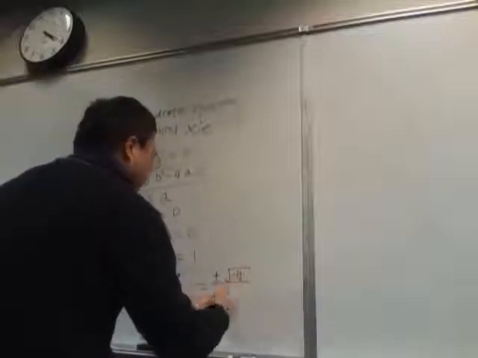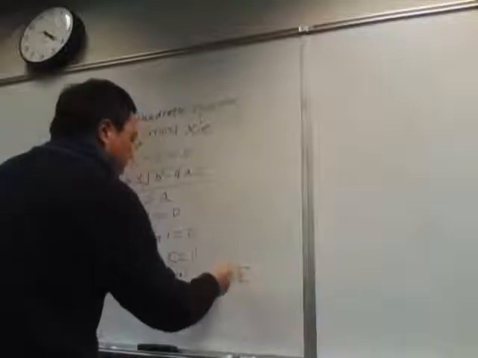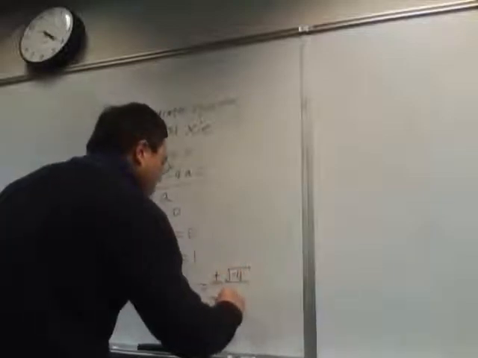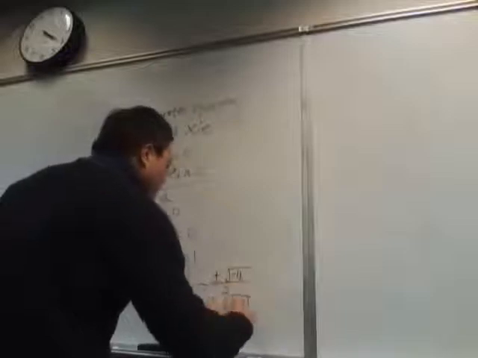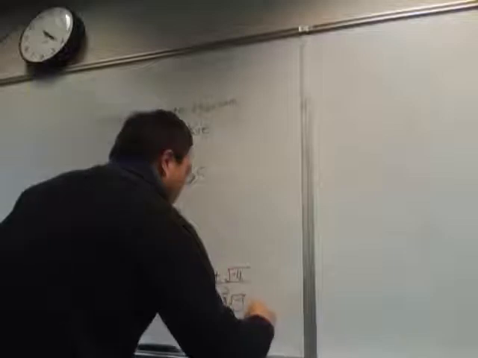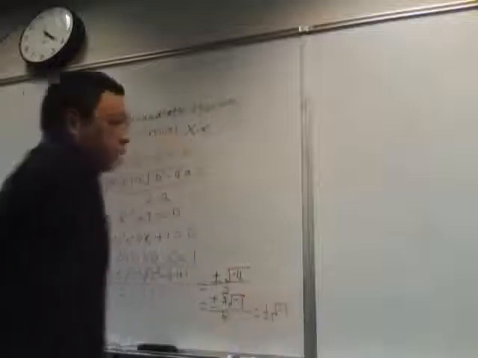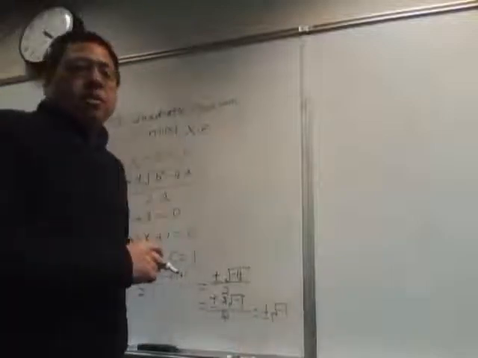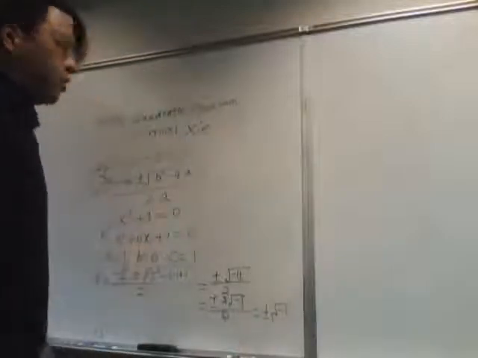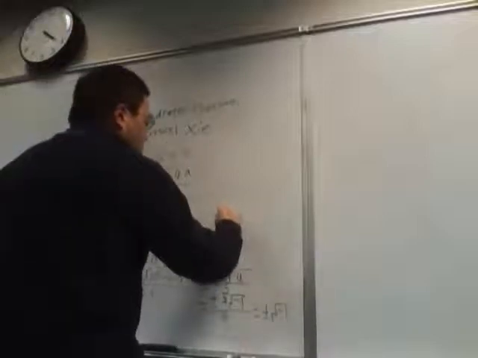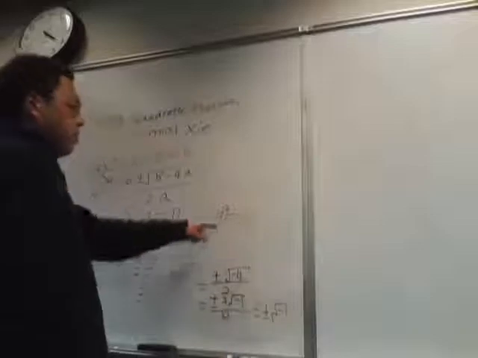So we can take out the 2. That's plus or minus 2 radical negative 1 divided by 2. We cancel out the 2. So that's plus or minus radical negative 1. So we know there's imaginary, right? i squared equals negative 1. Remember this one?